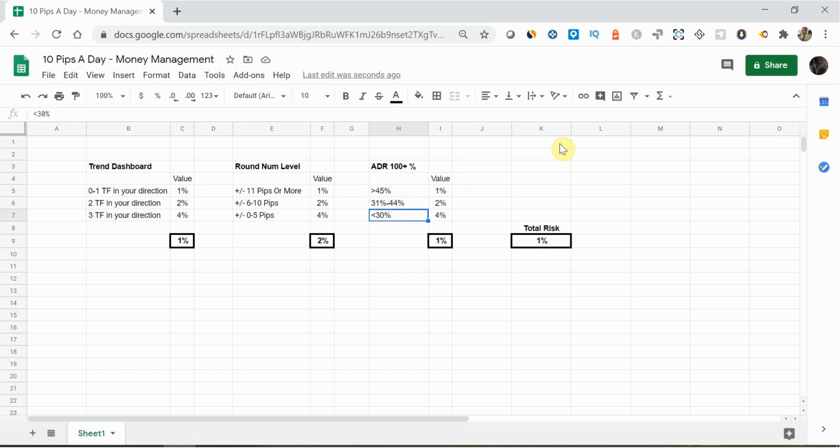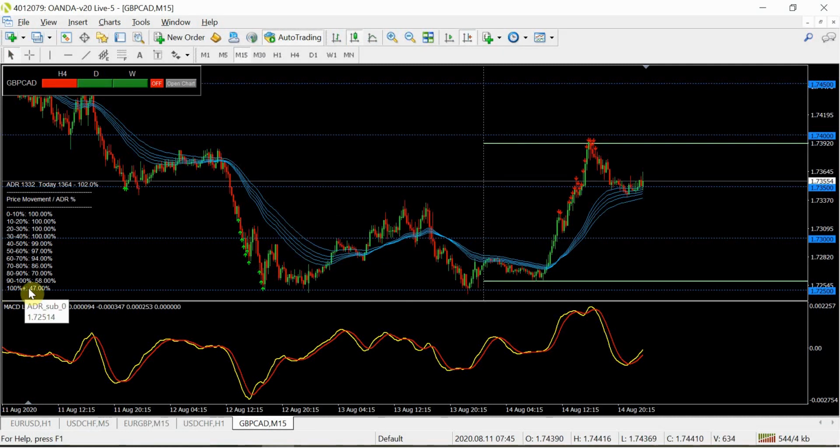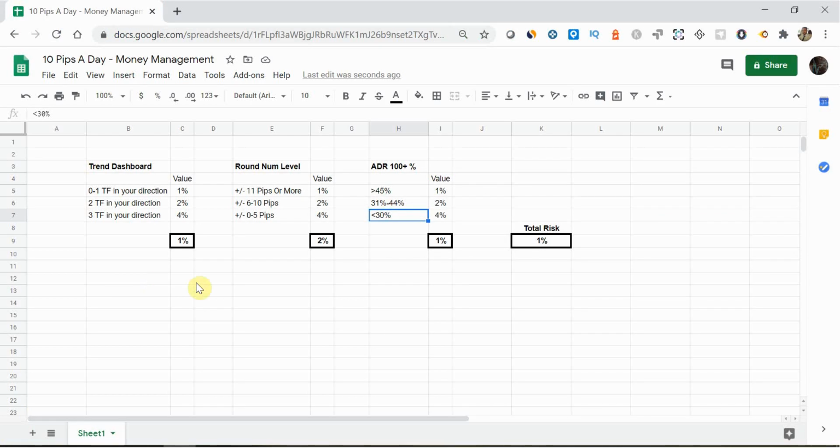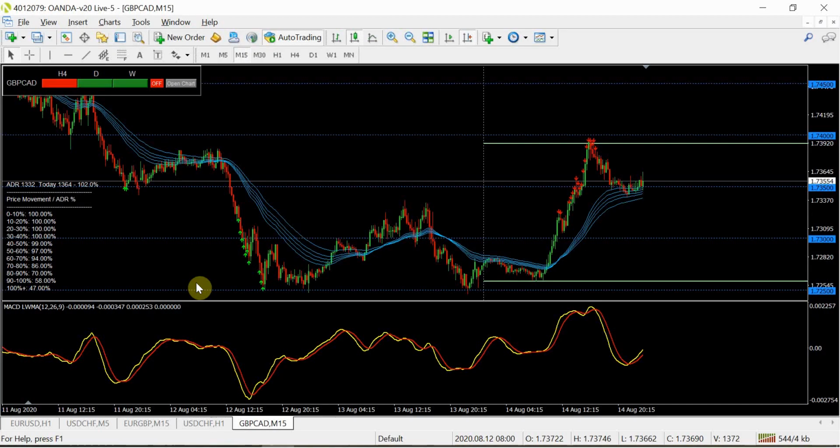So we're looking at this reading here of 100% plus. If it's below 30%, so it doesn't happen that often, you want to give it a higher rating, because there's more chance of a reversal. If it's 31 to 44%, we give it a 2% rating, and if it's greater than 45%, we give it a 1% rating.